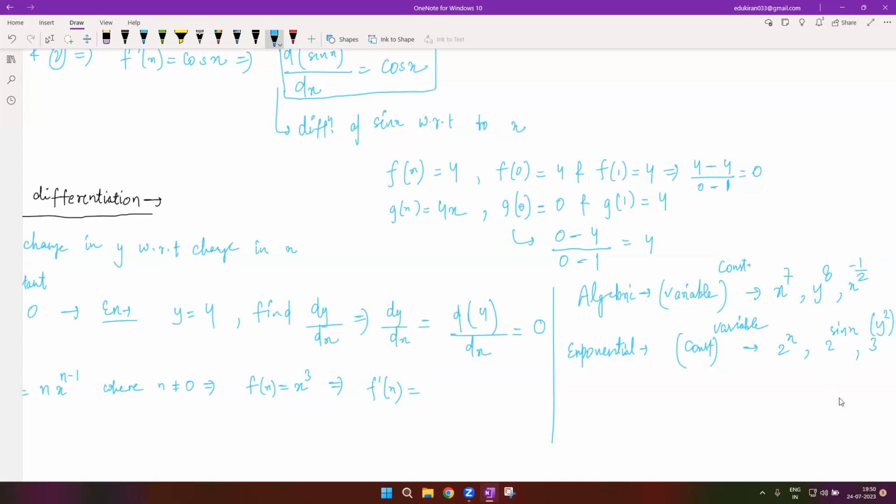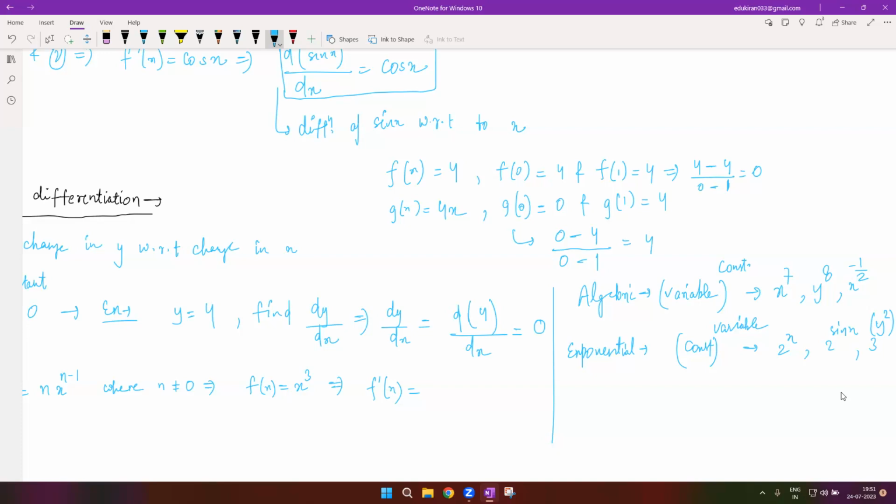Now this y square in itself is a variable, right? So all functions where variable to the power constant is involved are known as algebraic, while all functions of the kind constant to the power variable are exponential.